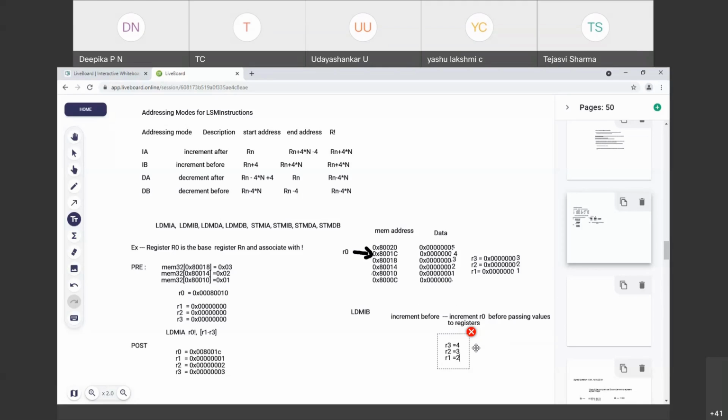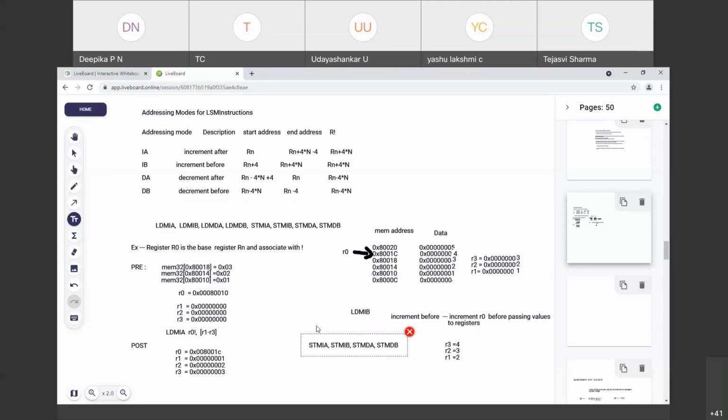So like this, LDMIB. Now you can cross verify the same concept with STMIA. Okay, I hope you understood now. STMIB and STMDA, STMDB. Okay, you can cross over. You can think over this.